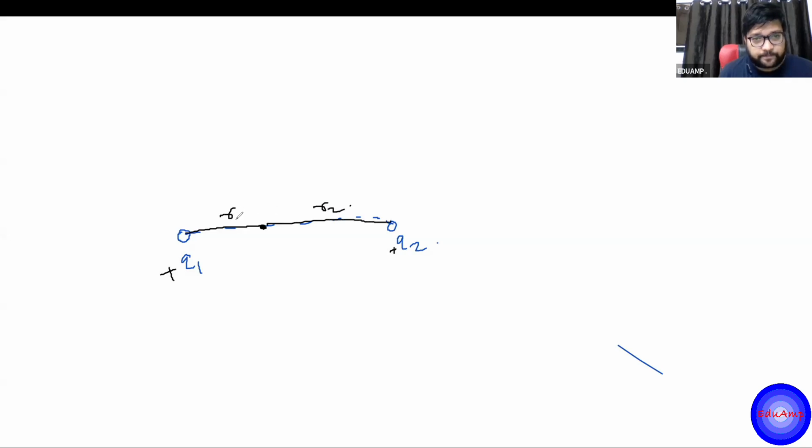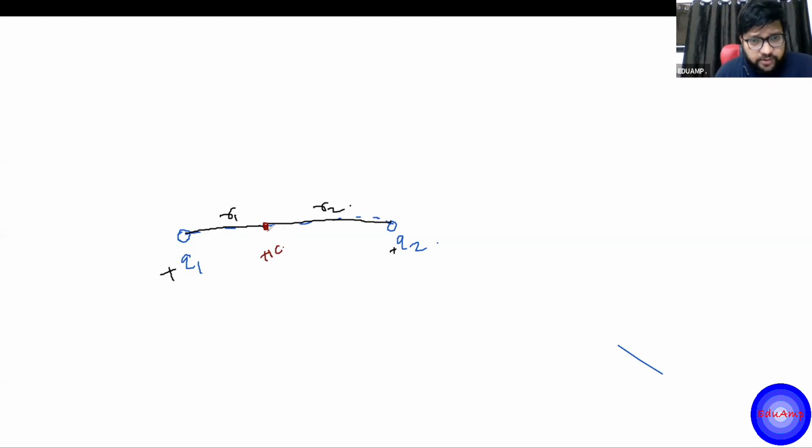The question is, what is the electric field at this point? We put plus one charge there, because we want to find the electric field at this point, and then find the total net force on the charge.